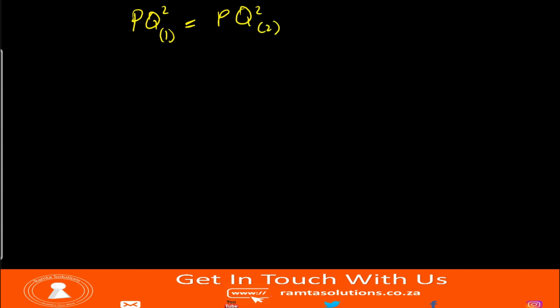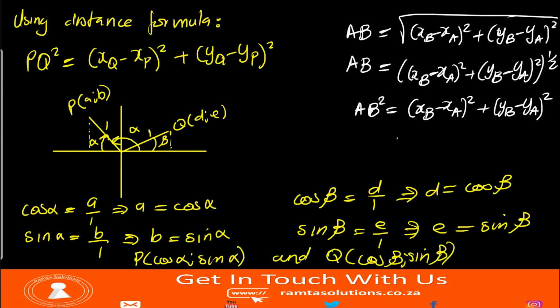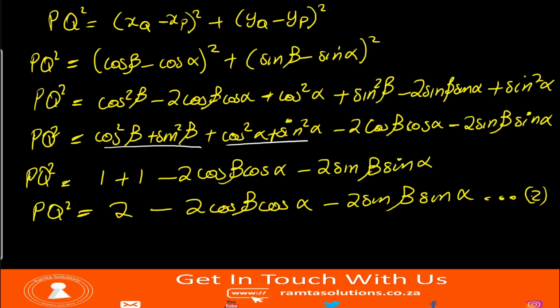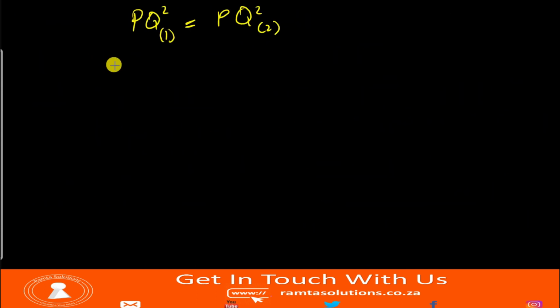So we're going to fetch equation 1. Okay, what is equation 1? It's 2 minus 2 cos, open bracket, alpha minus beta.